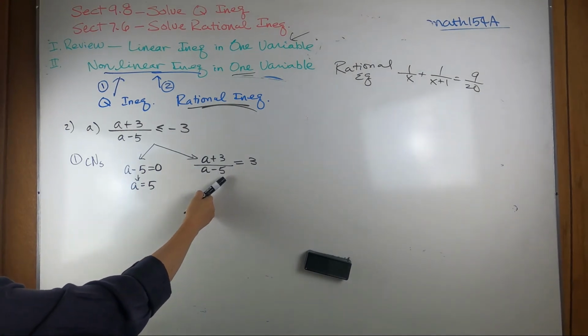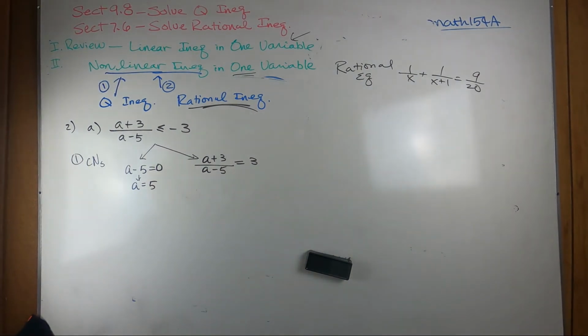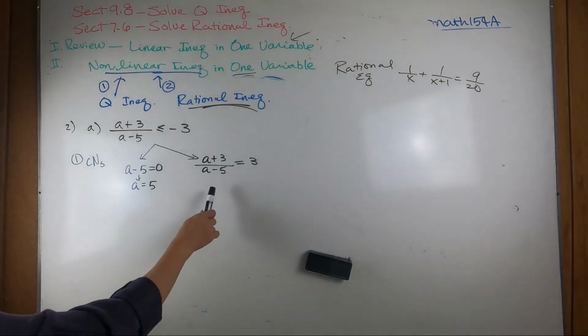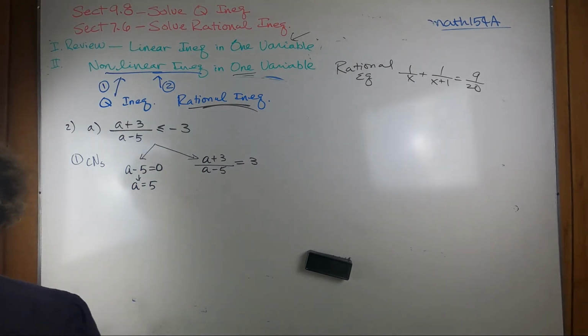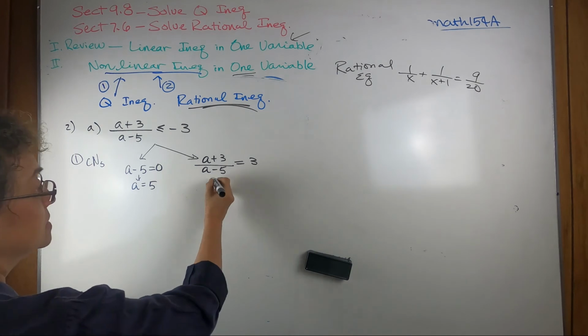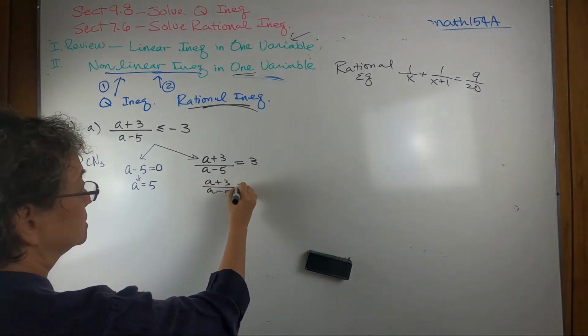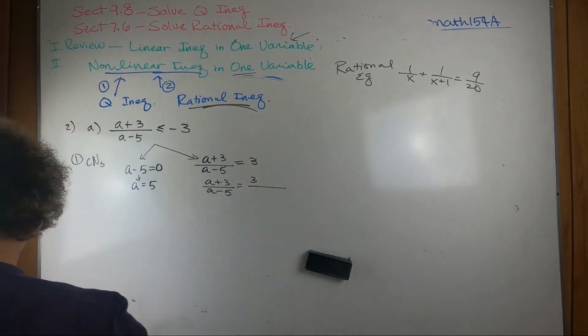Then another one is a rational equation. That's why at the beginning we reviewed those from your 152B class. How do you solve this one? Let's make the same denominator, the LCD.